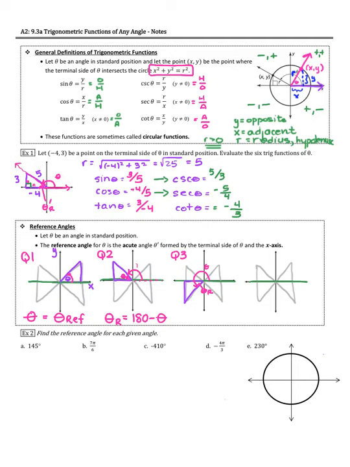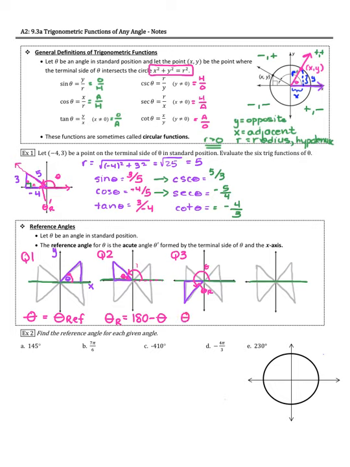The reference angle is the angle that's coming out of the origin inside that portion of the bow tie. So how would I figure out what that angle is? Well, now theta is going to actually be bigger than that angle itself.